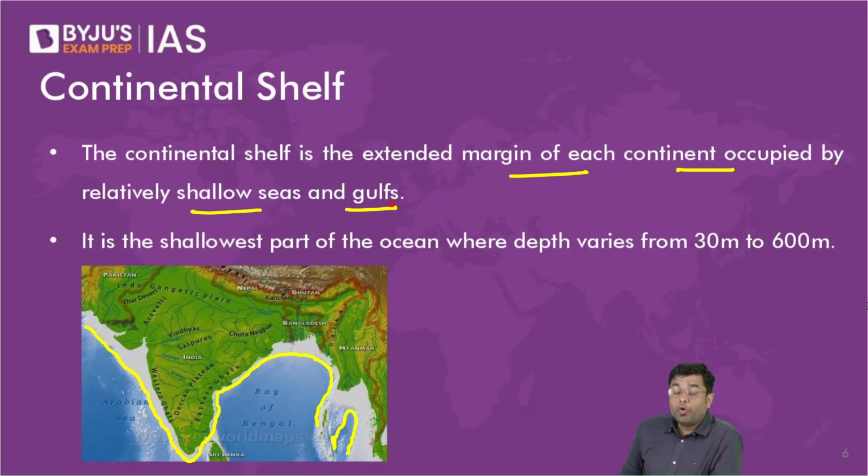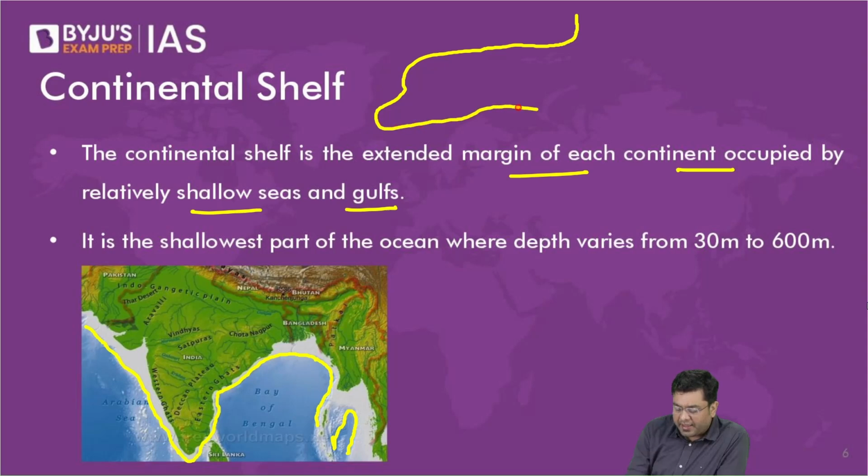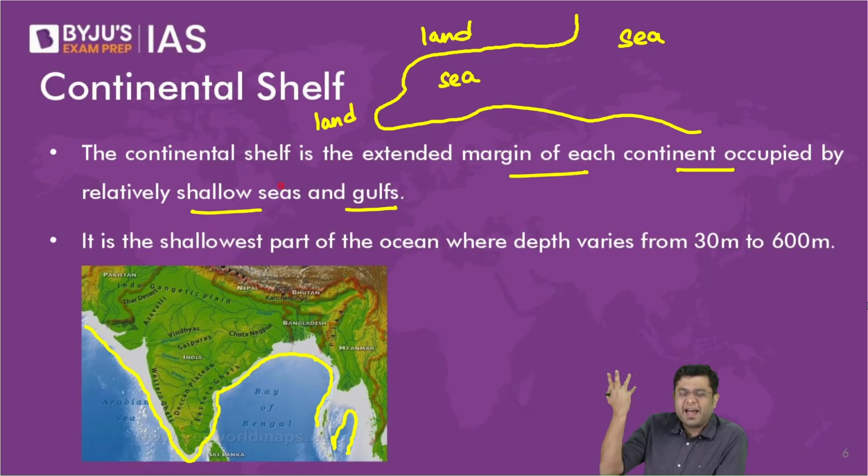Okay, so it is the extended margin of each continent occupied by relatively shallow seas and gulfs. What do we understand by gulf and what is bay? So gulf and bay, both of them represent almost a similar feature, where you have a kind of an indenture in the land. So if the land is like this, it goes significantly deeper, let's suppose here, and then in this area you have the sea, right?